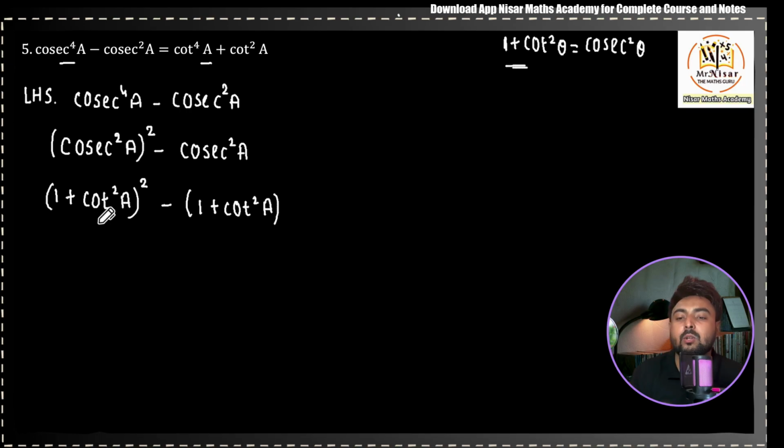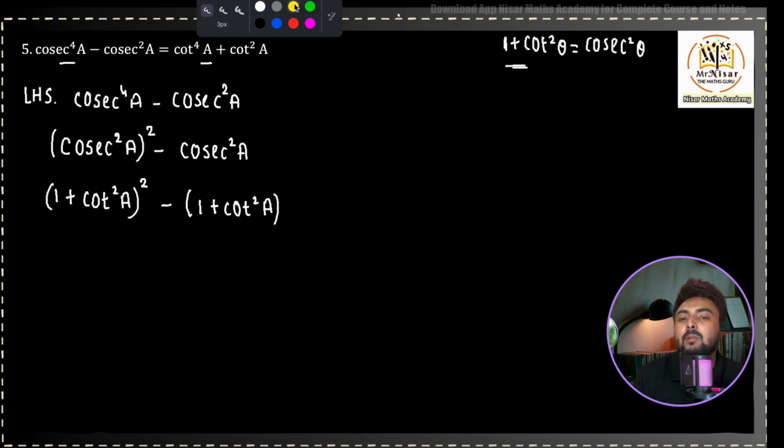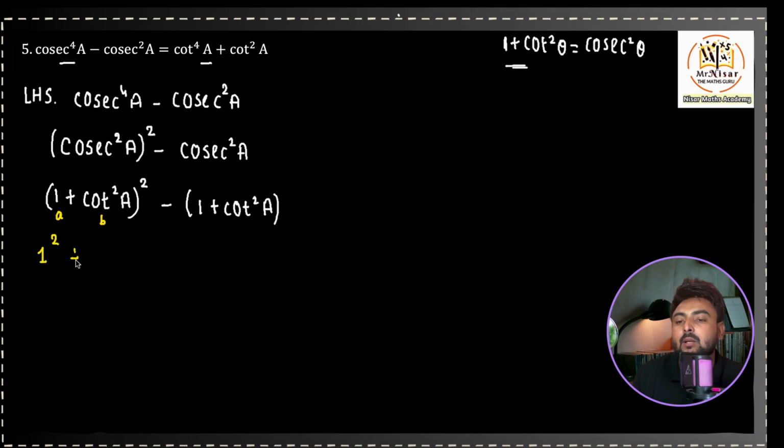So cosec square a is 1 plus cot square a, and here also in place of cosec square I have written 1 plus cot square a. Here the square was there, so I have written whole square for the first one. Now what does it become? It is a plus b whole square, where this is a, this is b. What is the formula? A square plus 2 into ab, 2 into 1 into this.